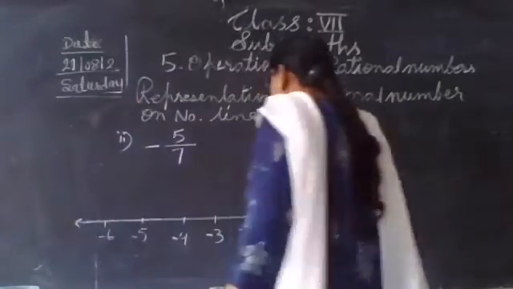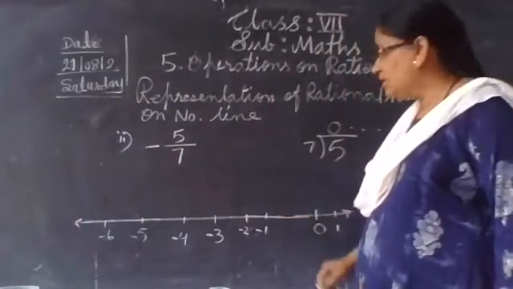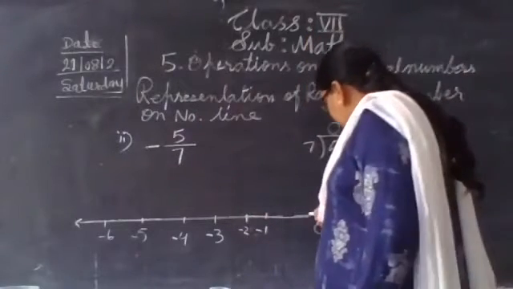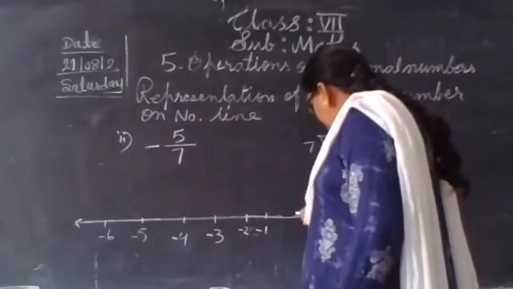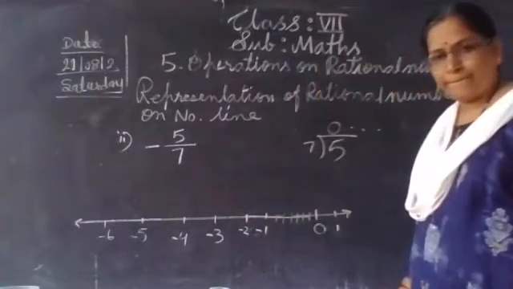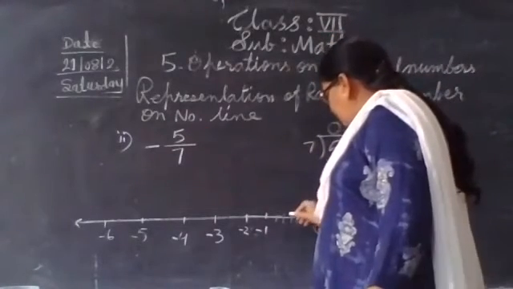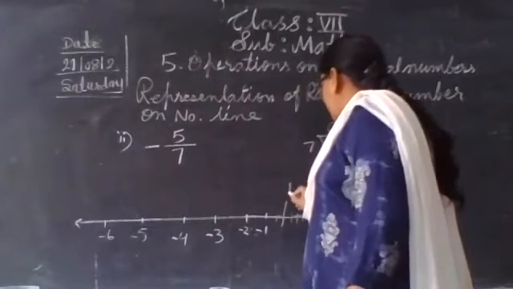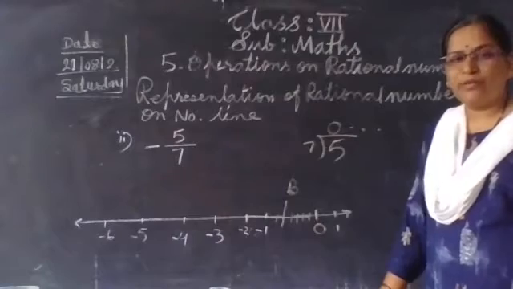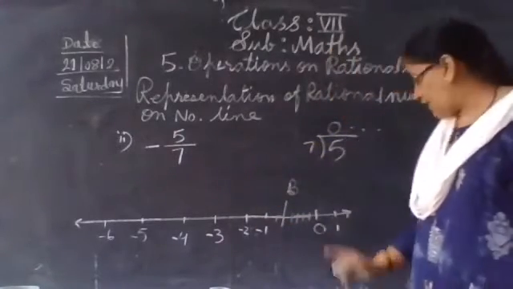Okay, proper. That's why it lies between 0 and -1. So between 0 and -1, you have to make 7 equal parts. 1, 2, 3, 4, 5, 6, and this one is 7. You have to take 5. 1, 2, 3, 4, 5. So it is the point B where this fraction -5/7 lies. See, it is negative, so you have to take the negative part, and arrowheads are given.